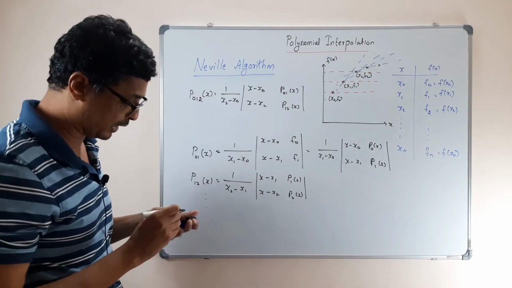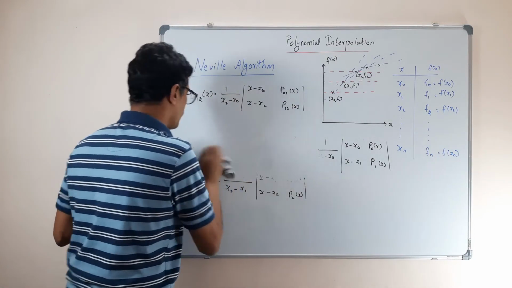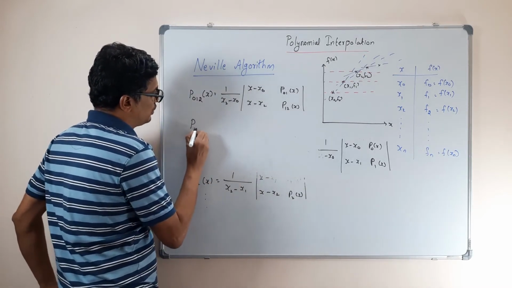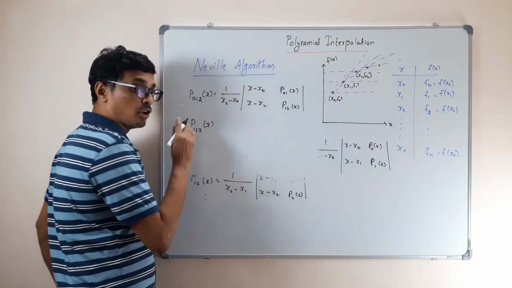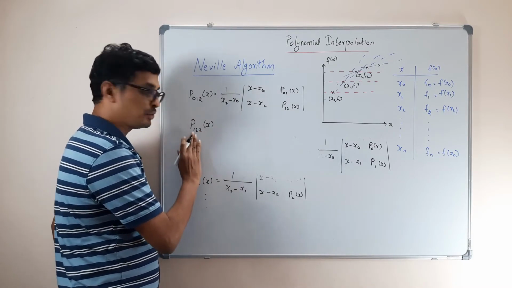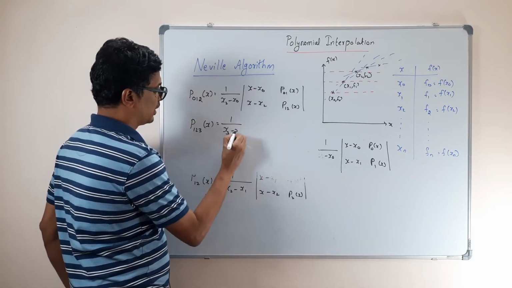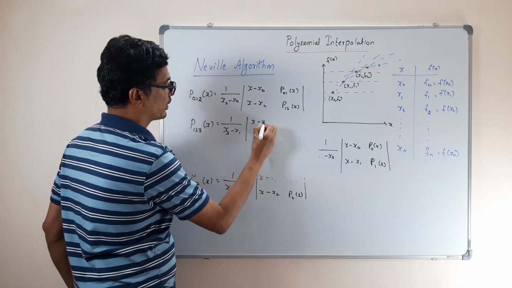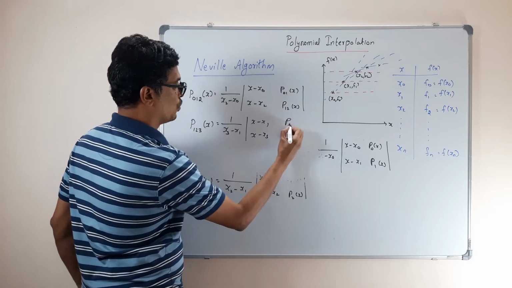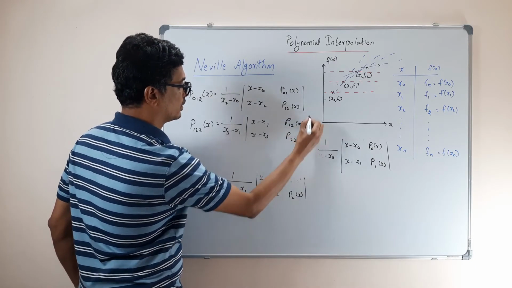I can keep doing it for more. The next one is p of 1, 2, 3, a polynomial of degree 2 passing through the points x1, x2 and x3, which will be 1 by x3 minus x1 into x minus x1, x minus x3, p of 1, 2 of x, p of 2, 3 of x.